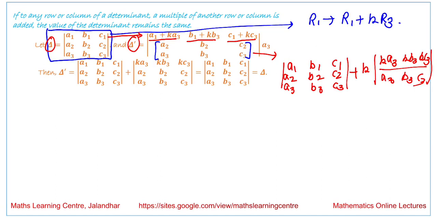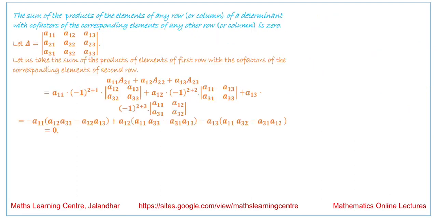Now look at the elements in the first and the third row, they are proportional to each other. So the value of this whole determinant will be equal to 0. So the values of both these determinants are equal to each other.